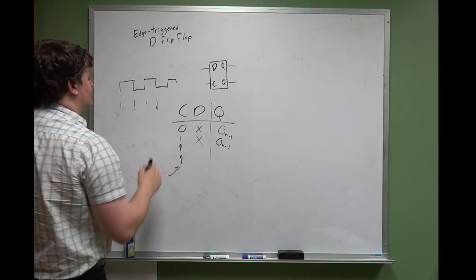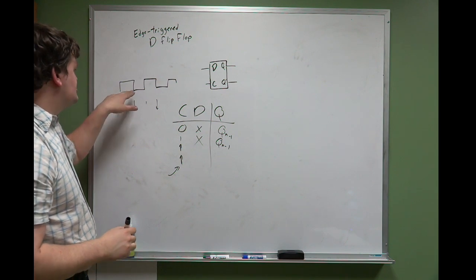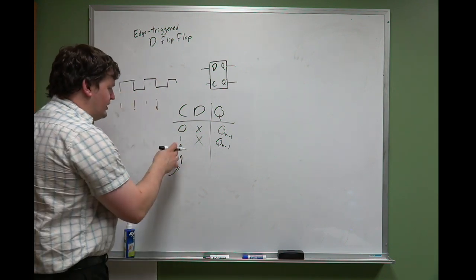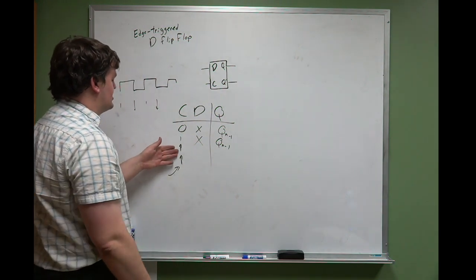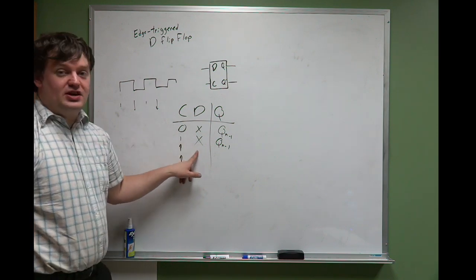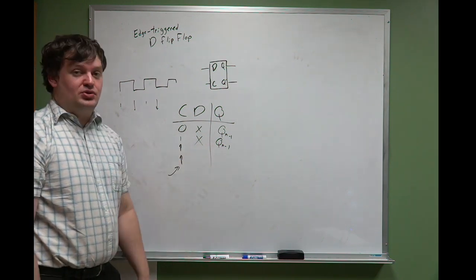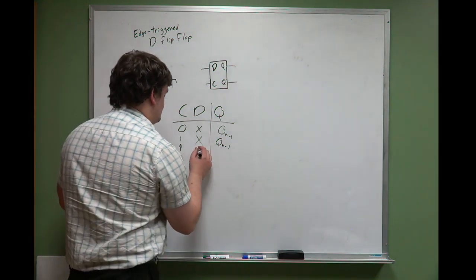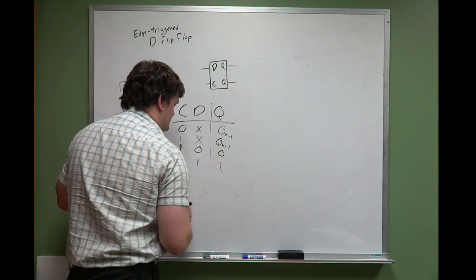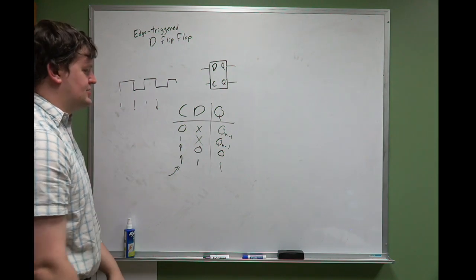So leading edge, trailing edge. Here this is leading edge triggered, so we're going to put the up arrow and say every time the clock flips, it'll read what the value of D is and actually put that as Q. I just said that exactly wrong.